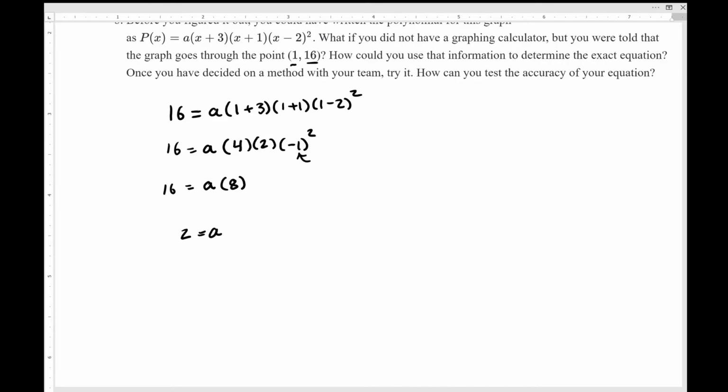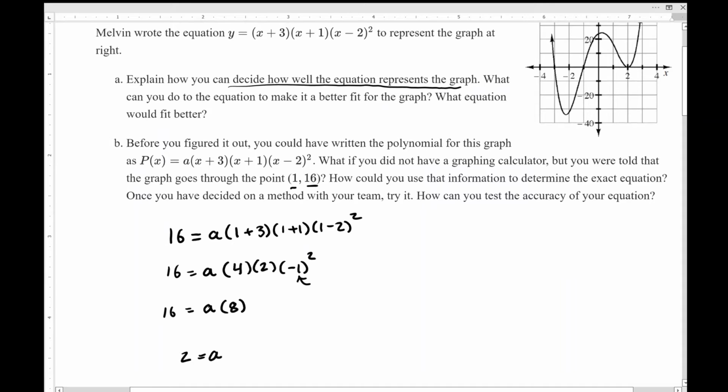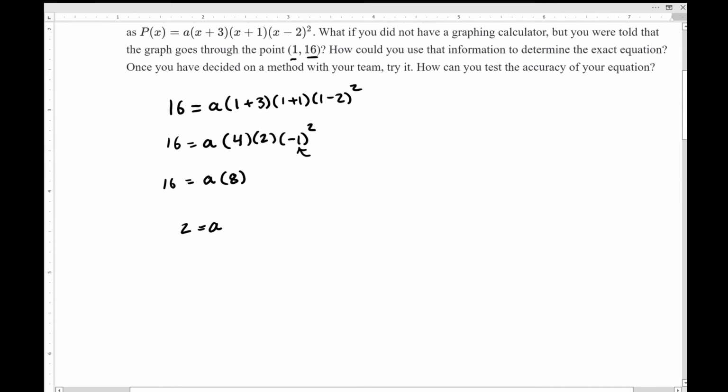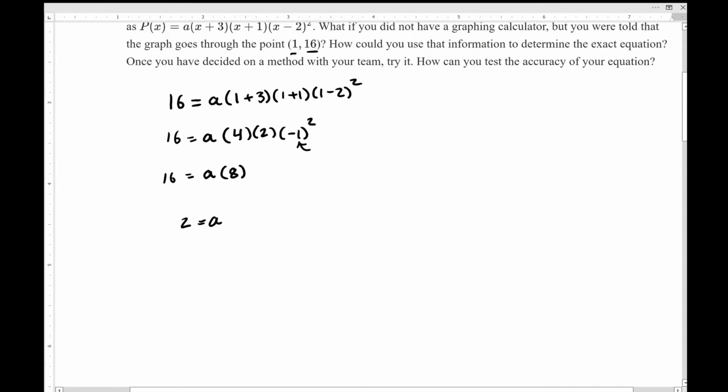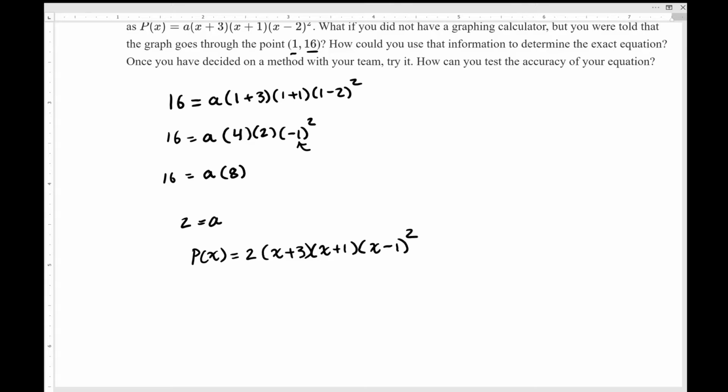And so our more accurate representation of the graph that we have up here will be the polynomial with the factored equation of p of x, and I don't like using capital letters here, but that's okay. We'll just do it for the sake of this exercise. P of x equals 2 times x plus 3 times x plus 1 times x minus 1 quantity squared, right? So we have two linear factors right here, and then our quadratic factor.